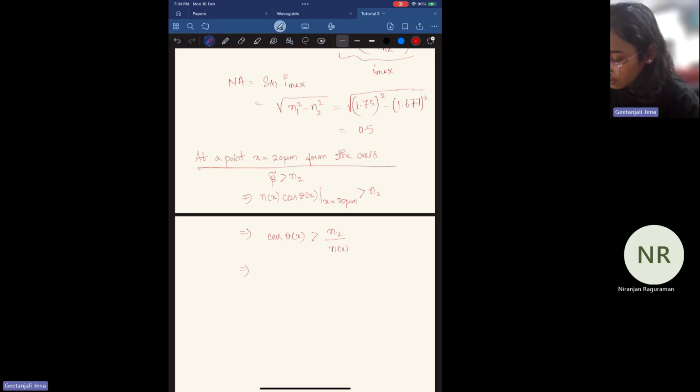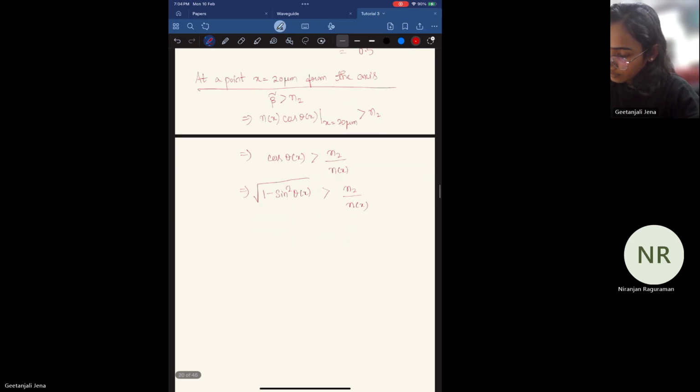So just substitute cos theta as square root of 1 minus sine square theta x. So that means this will give 1 minus sine square theta x.